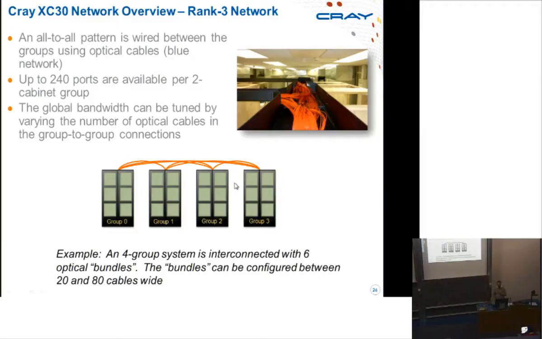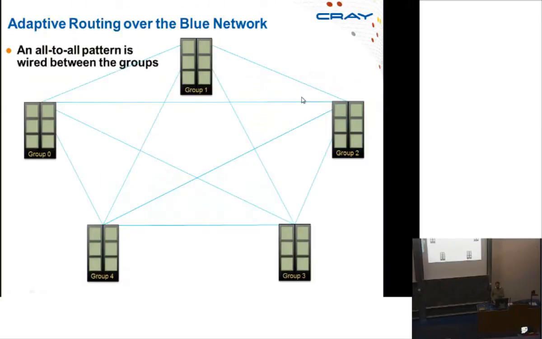As you can see here, they sit on top of the cabinets and generally become quite a wiry mess. Again, we have adaptive routing between cabinets or between groups over the blue network. So we all-to-all connect all of the groups, so every group is directly connected to every other group.